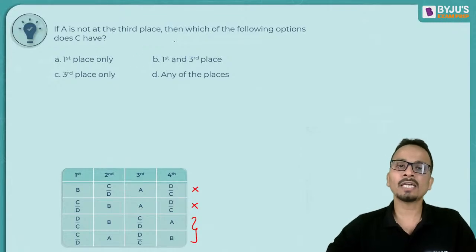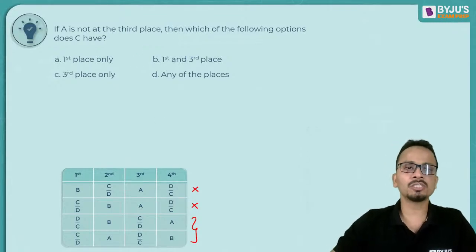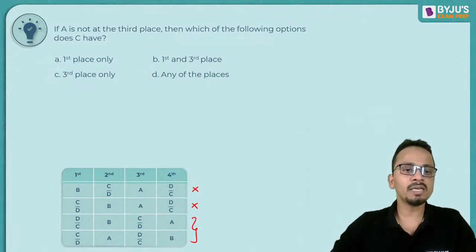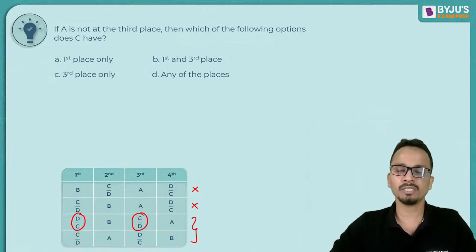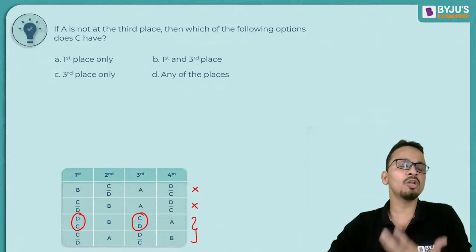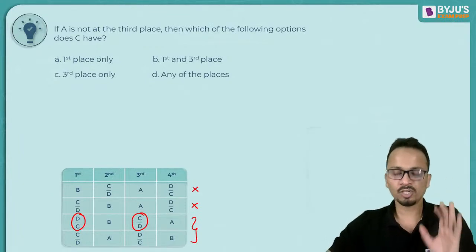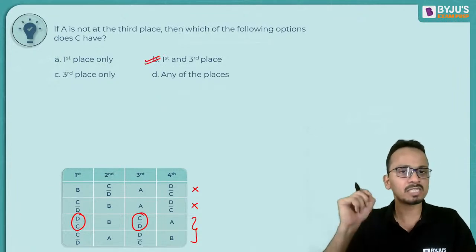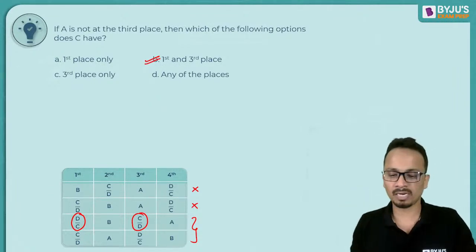If A is not at the third place, then C may come at chair number 1 or chair number 3. So place 1 and place 3 are the two possible options that C will have. So the correct answer will be option B, first and third place. Both of them are correct.